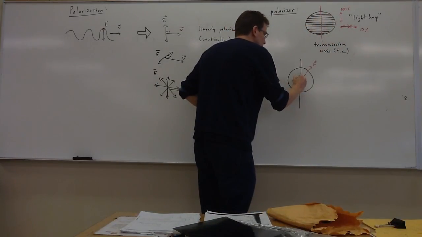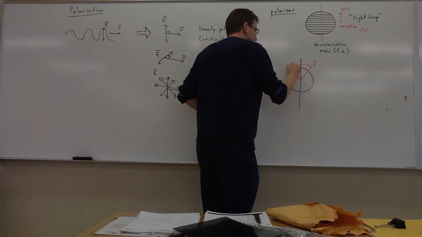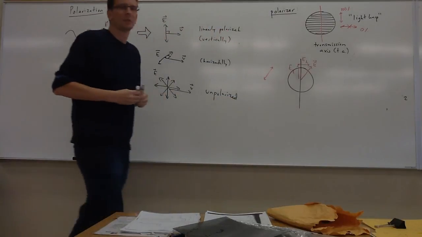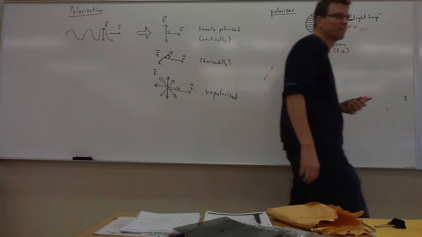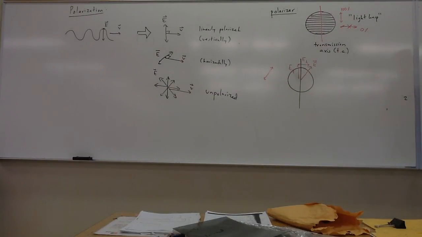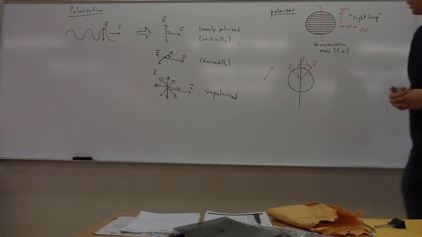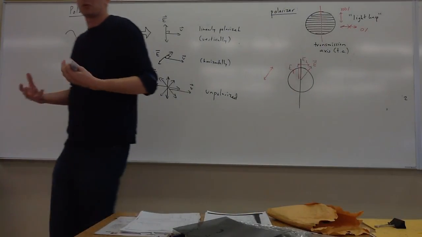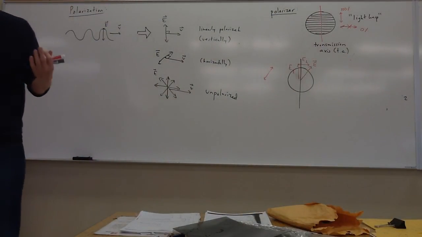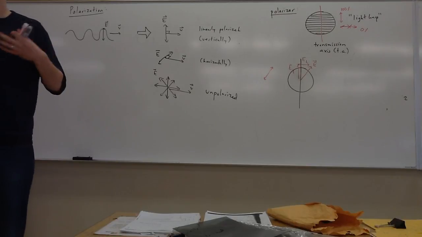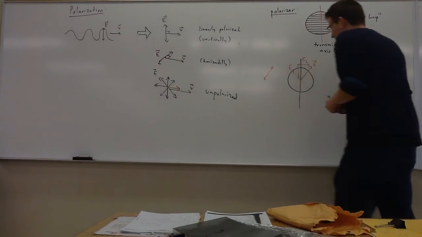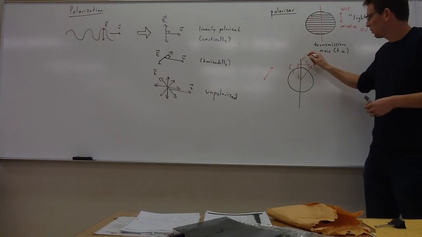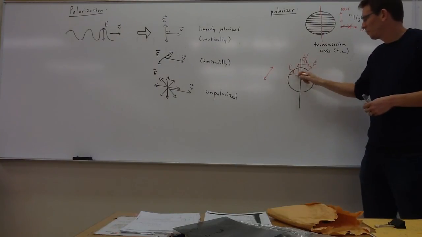I break it up into two components like this, E parallel and E perpendicular. Okay? This is the beauty of components: you can take something which is somewhere in between in the gray area, and break it up into pieces, each of which has a definite action from the polarizer. This component is blocked, and this component is allowed through.